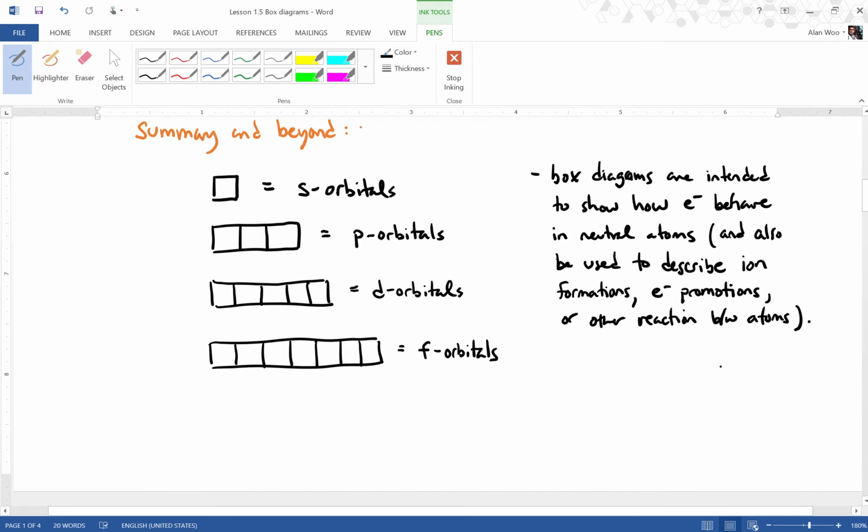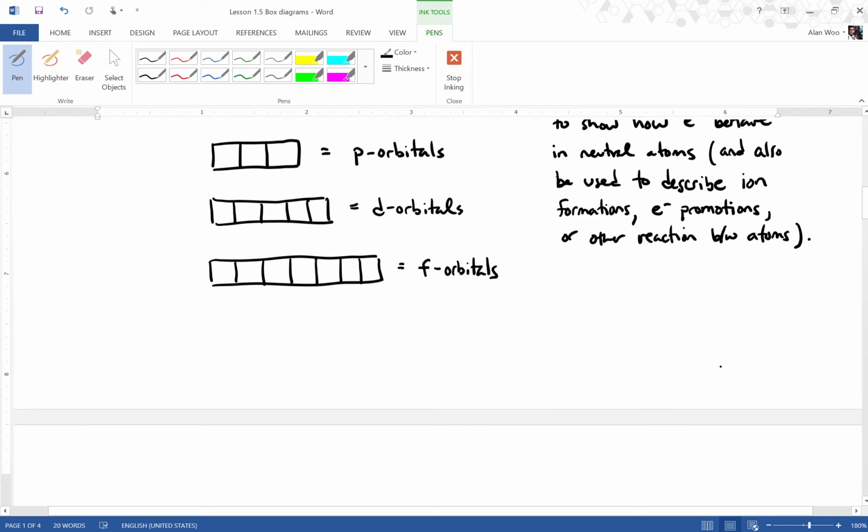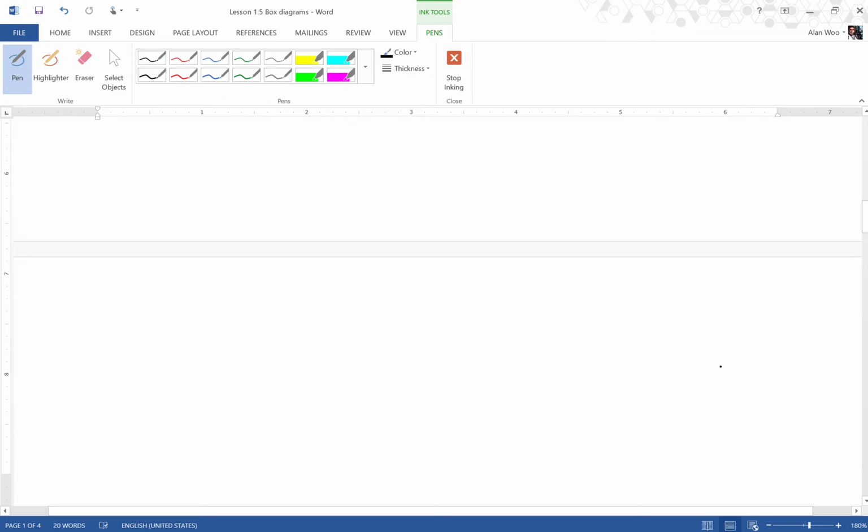So we'll do one last example. Let's look at copper. At this point, you guys would have at least gone through one of the exceptions for your electron configurations, hopefully.